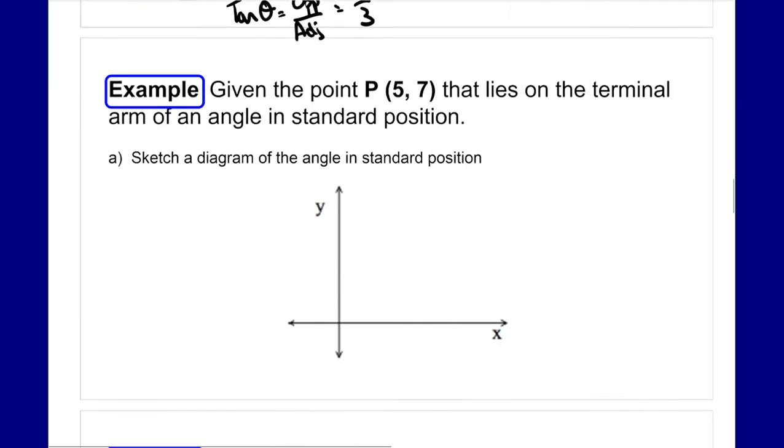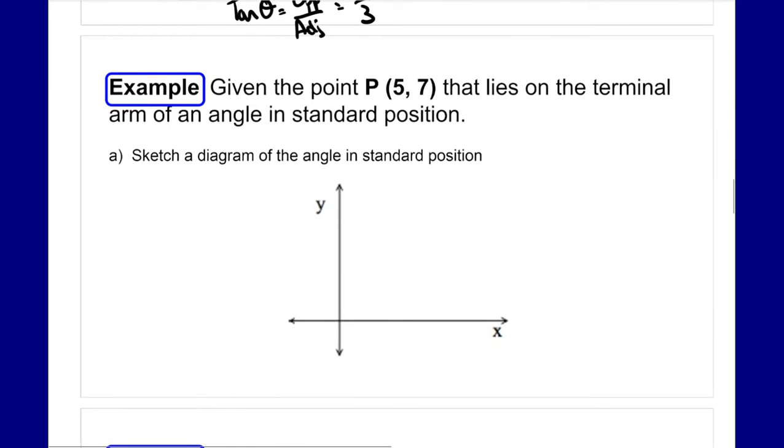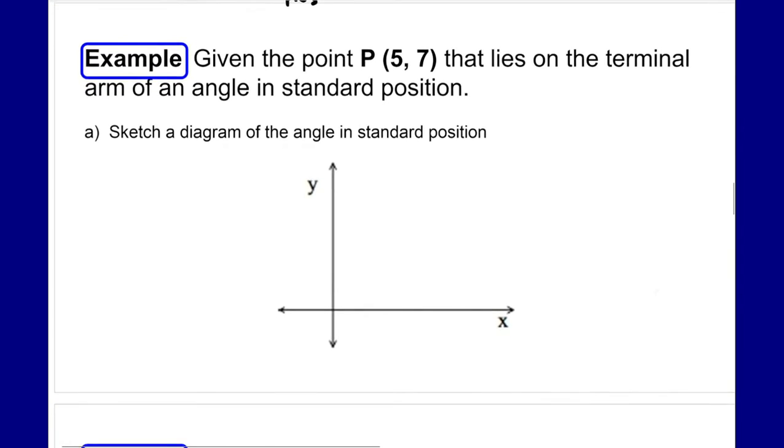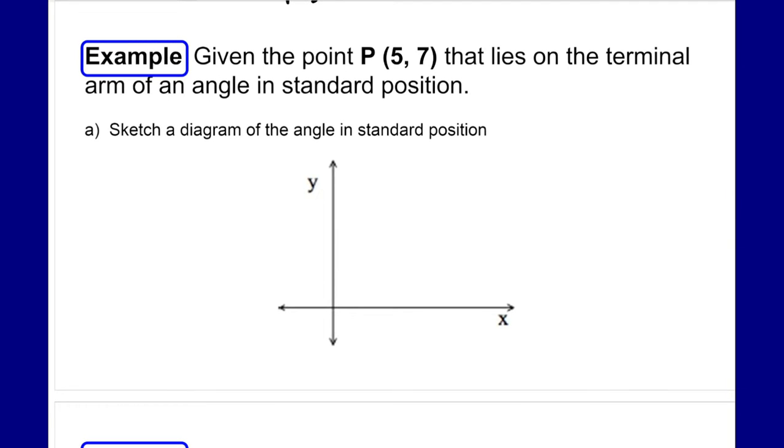So we're just going to go through a couple examples. Given the point P(5, 7) that lies on the terminal arm of an angle in standard position, we want to sketch the diagram of the angle. Well, we know that it has to start from the initial arm along the x-axis. We know the terminal arm is going to have the point (5, 7) on it, so let's sketch roughly where (5, 7) would be.